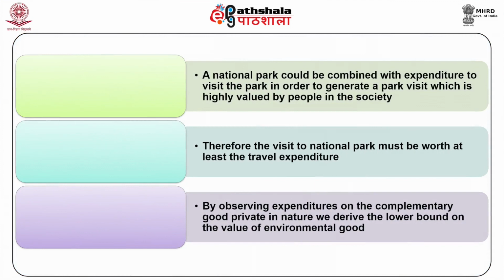A national park could be combined with expenditure to visit the park in order to generate a park visit, which is highly valued by people in the society. Therefore, the visit to the national park must be worth at least the travel expenditure.